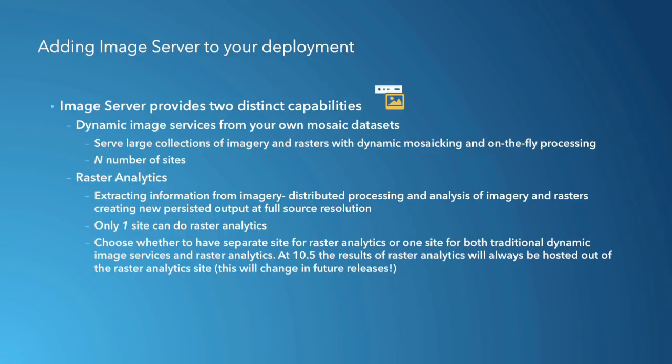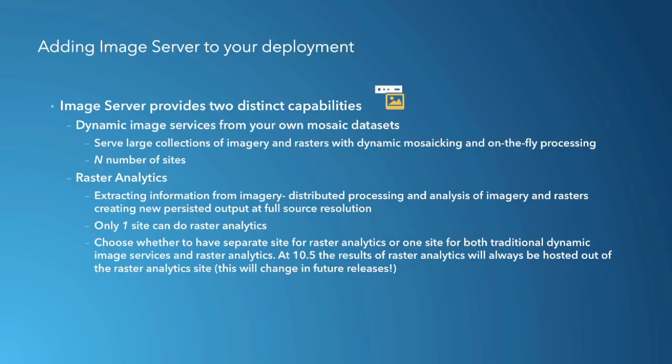And doing all that processing at source resolution. It can be things like I have 1,000 rasters, 1,000 images, and then apply this model and create 1,000 new derived ones and store them somewhere on disk, cloud storage, whatever it might be. So those are two different capabilities that are both part of Image Server at 10.5 and 10.5.1.